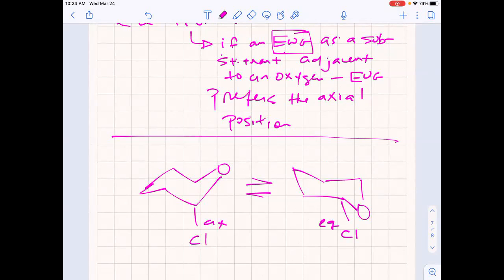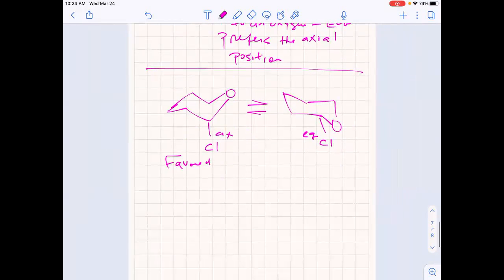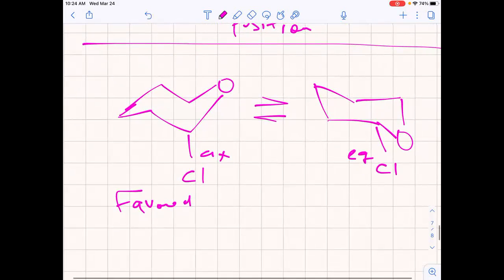Right? This is going to be your favorite isomer. And there are a couple of reasons behind that. One reason is the fact that you have lone pairs on oxygen here, and that lone pair is able to donate into the sigma star orbital of the carbon chlorine bond.